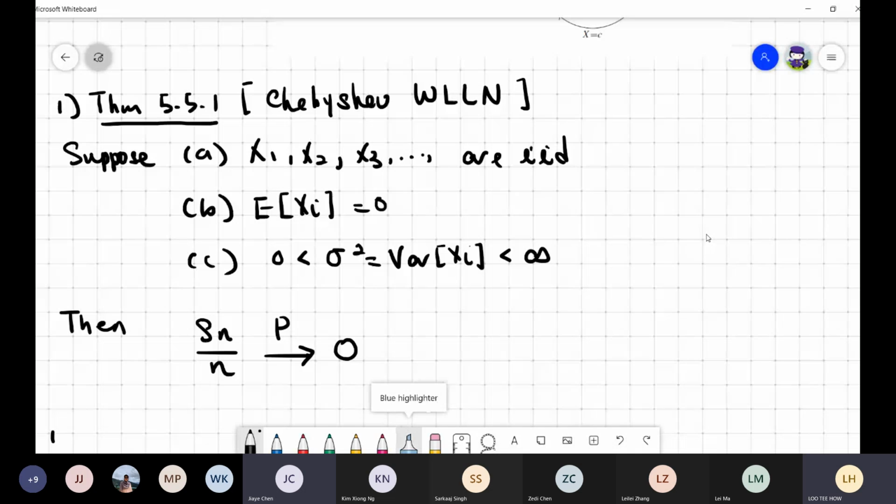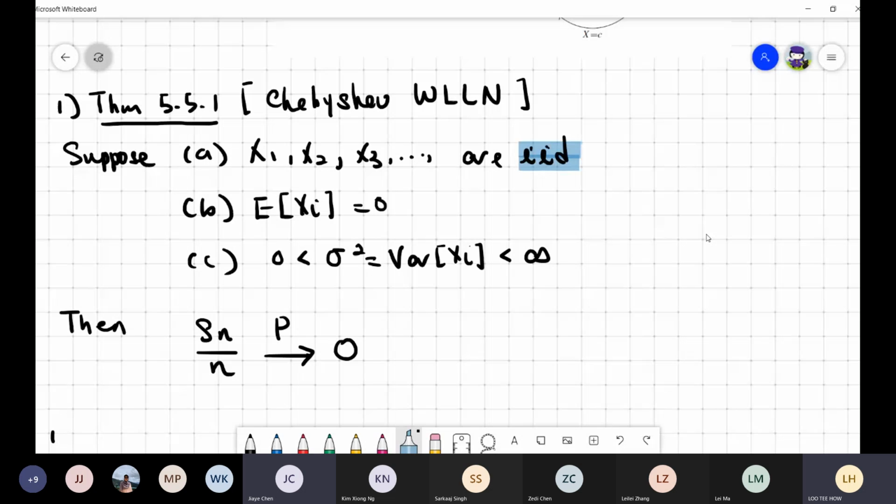Here we need 3 hypotheses. Actually, 2 is enough already. The second one is just to make our formula look nicer. Basically, this is independence and having the same distributions.